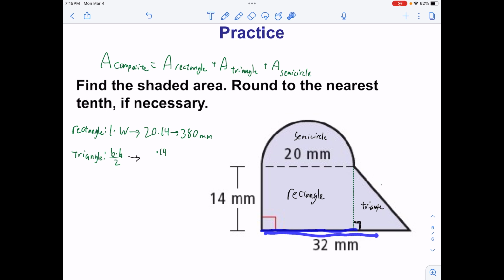From here to here is actually 32. So if I go 32, take away that 20, what's left over is that part for that triangle. And 32 minus 20 is 12. So it's 12 times 14 divided by 2. Put that in the calculator to get 84 millimeters squared. And remember, those are square units. Can't forget that. Now we got to figure out the area of a semicircle.